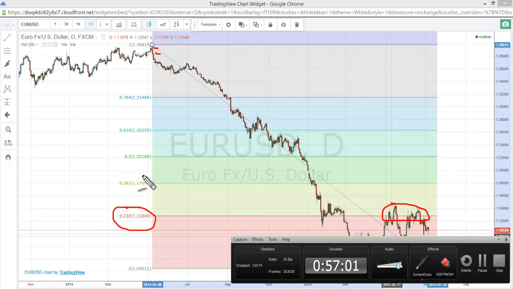The next level, which I personally look for, is 38.2%. If I bought back down here and it's done that, I would probably put my first target, if I'm looking for a long trade, at 23.6, and my second target here.